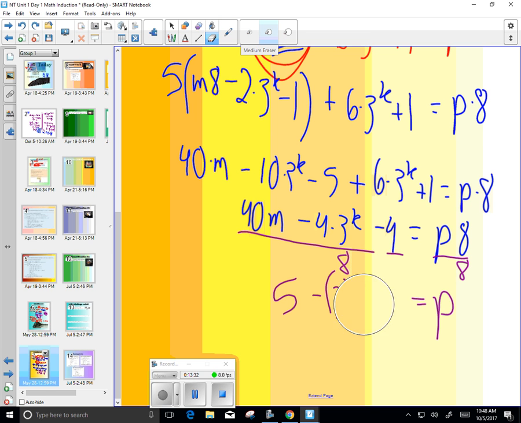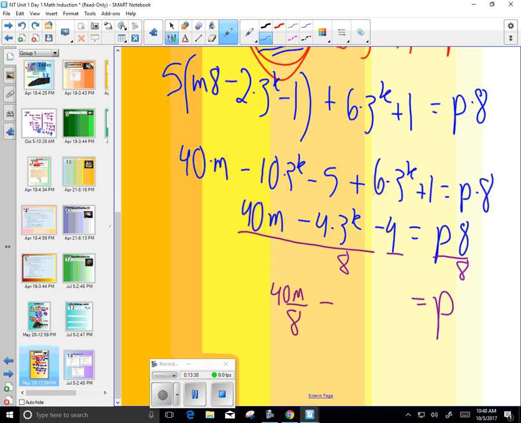Forget I did that extra step. This is going to be 40m over 8 minus 4 times 3 to the k plus 4 over 8. So I'm going to get 5m minus the quantity 3 to the k plus 1 over 2.